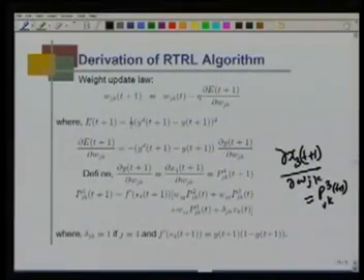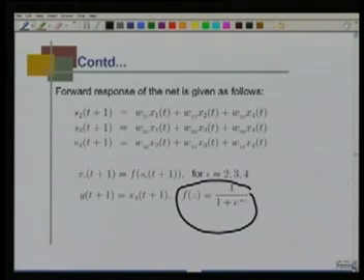Similarly, if you go on computing ∂y(t+1)/∂w_jk, you will differentiate y(t+1) with respect to s4(t+1), because this is a function of s4(t+1), and then differentiate s4(t+1) with respect to w_jk. Here, s4 is this particular term.